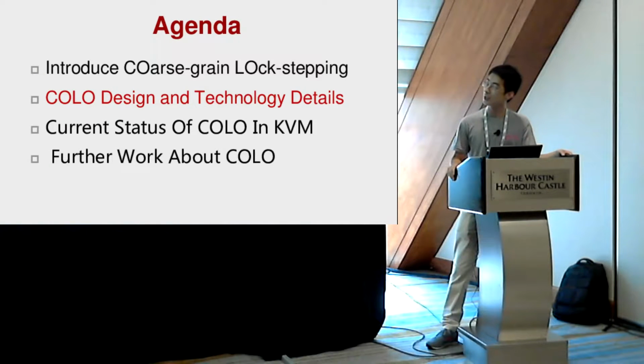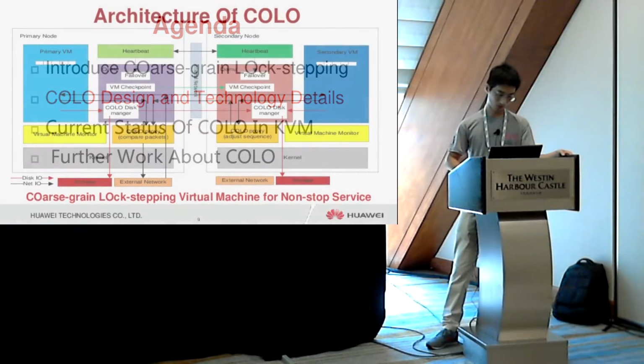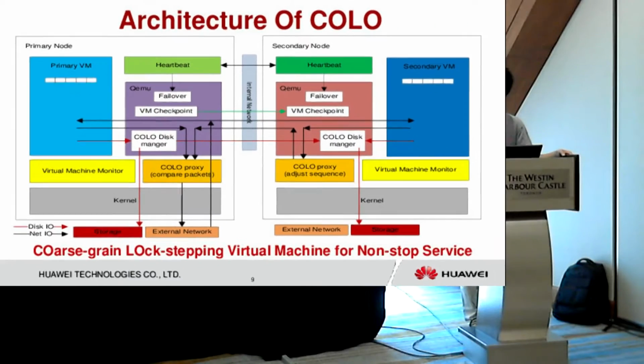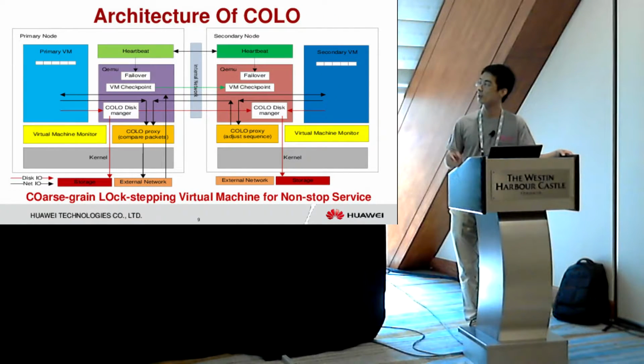Okay, let's talk about the design and the technology details of COLO. This diagram is the architecture of COLO. It consists of a pair of networked physical nodes. The primary node runs the PVM and the secondary node runs the SVM to maintain a valid replica of the PVM.